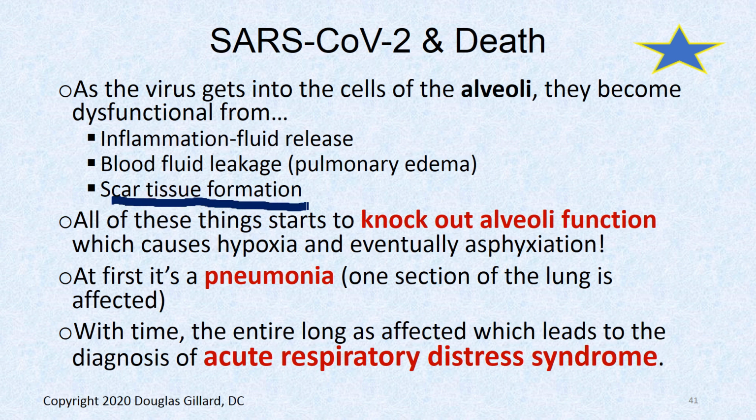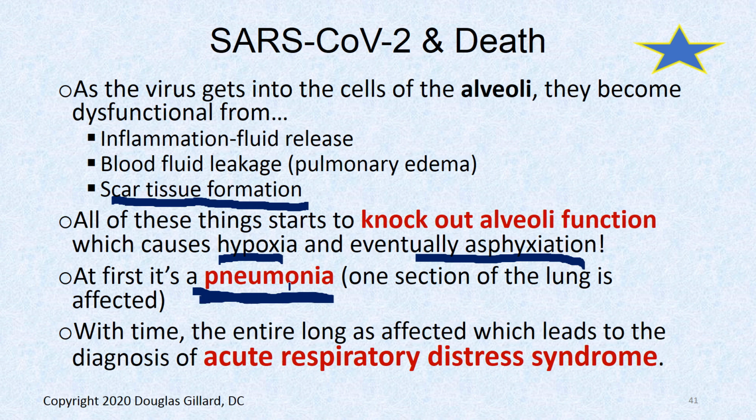On autopsy, you don't need to know this, but they find hyaline tissue inside the alveoli, which completely blocks the alveoli from gas exchange. So yeah, the alveoli are knocked out. The patients become hypoxic. They have to go on respirators, and they eventually die of asphyxiation. At first, a pneumonia starts, and some people don't get very sick, and they get a little pneumonia.